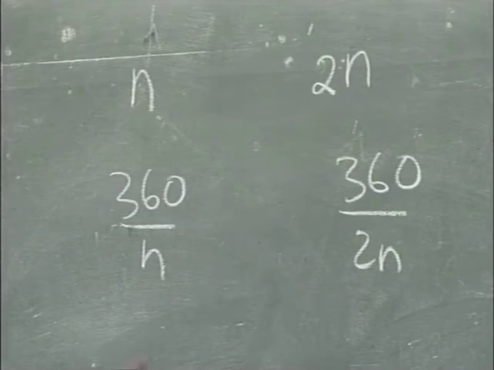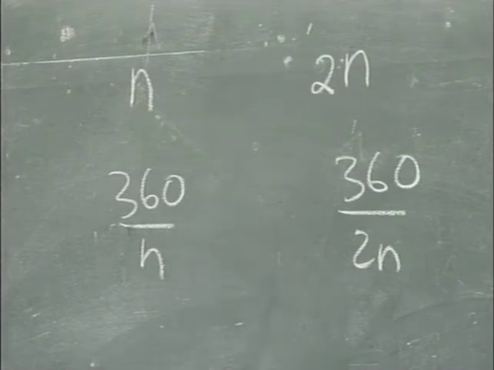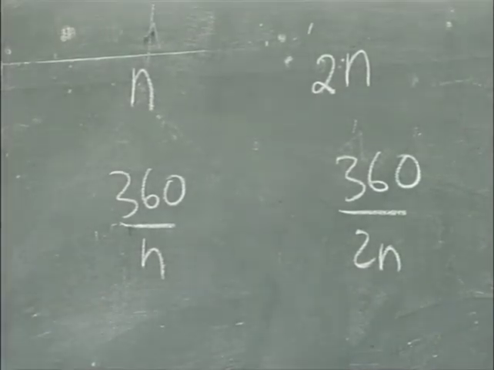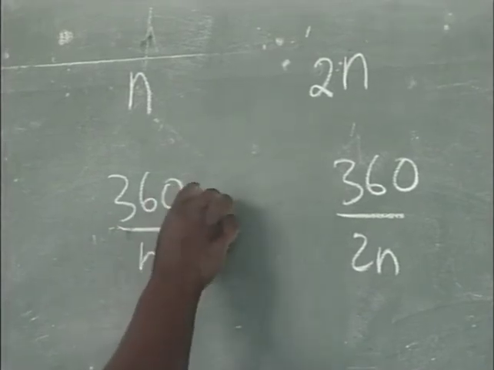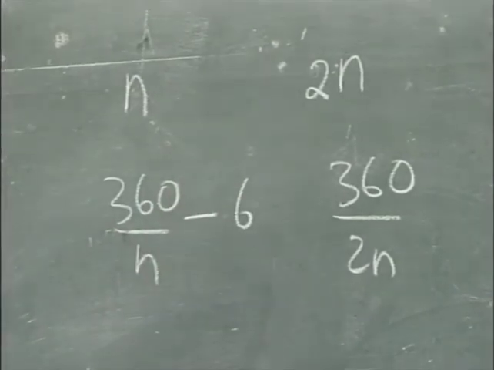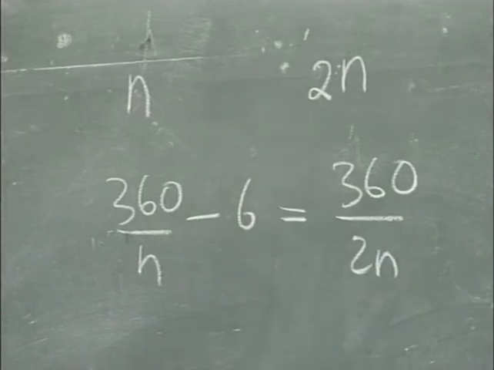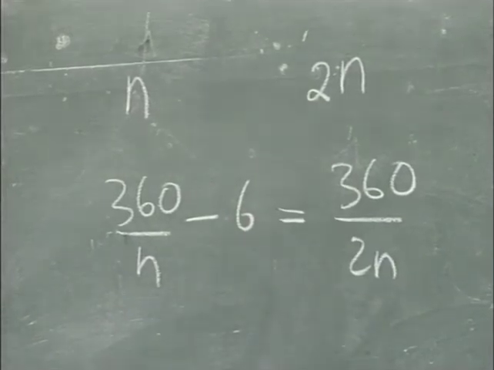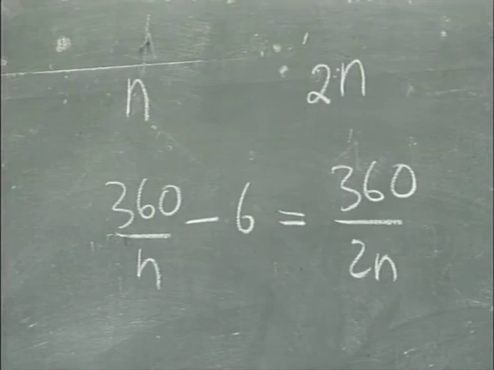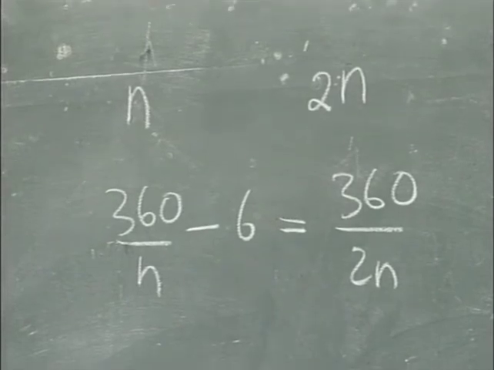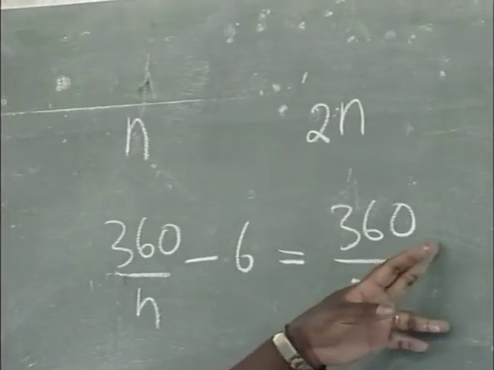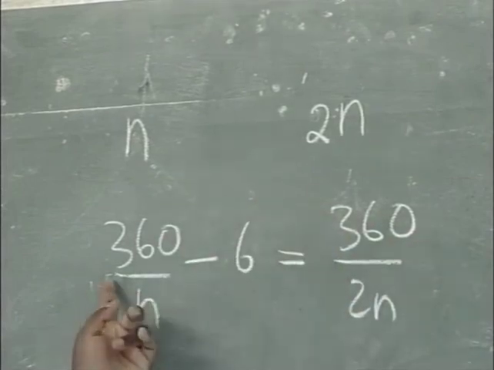Which one's bigger, 360 on n or 360 on 2n? 360 on n. So I have to subtract 6 degrees from here, and it will be the same as the second one. Or otherwise, add 6 here, and it will be equal to the one that's bigger.